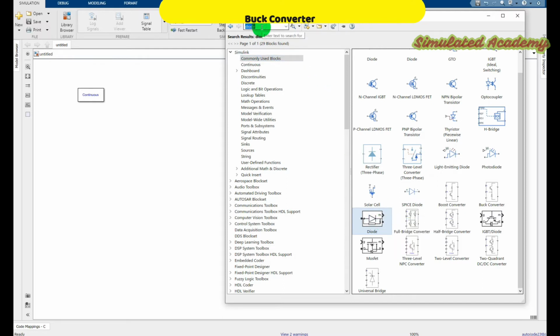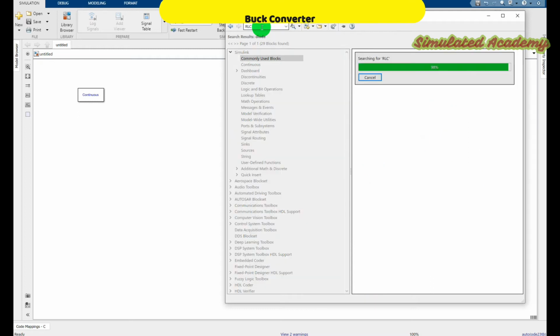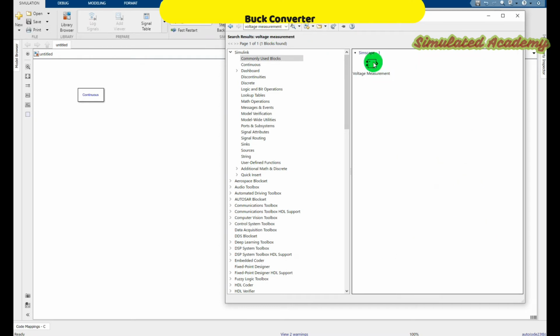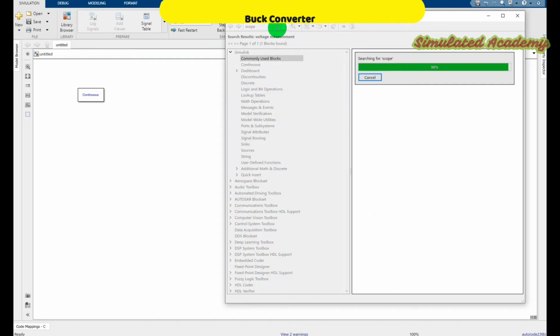I will need an RLC series branch, placed 3 times: one for the inductor, one for the capacitor and one for the load. After that, place a voltage measurement to measure the voltage across the load. Now place a scope to visualize the results.